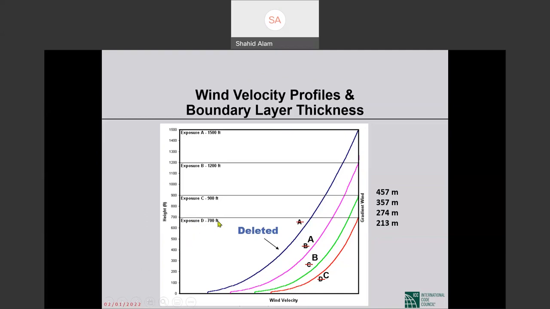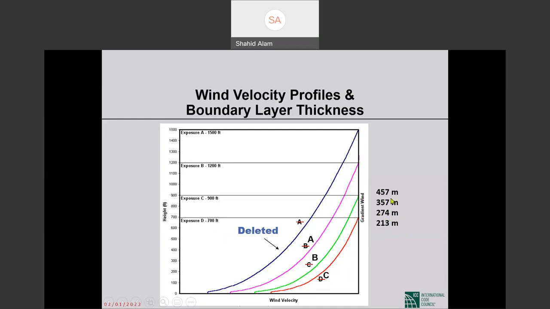The height of the atmospheric boundary layer, how thick it is, depends on the exposure category. For Bangladesh exposure C, the gradient height, as it is called, is 213 meters. For exposure B, it is 274 meters.